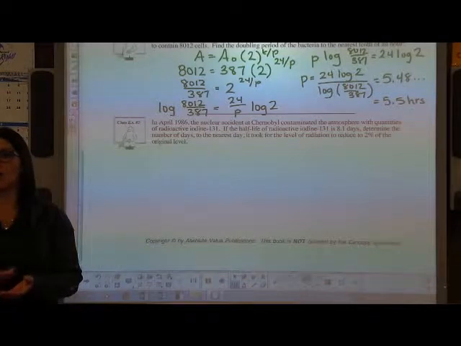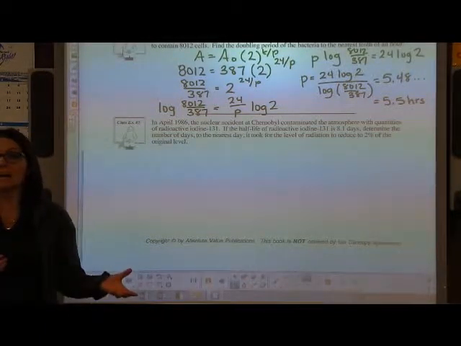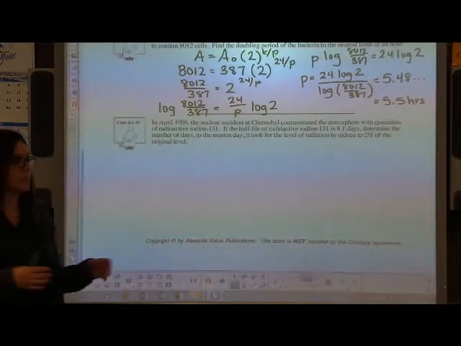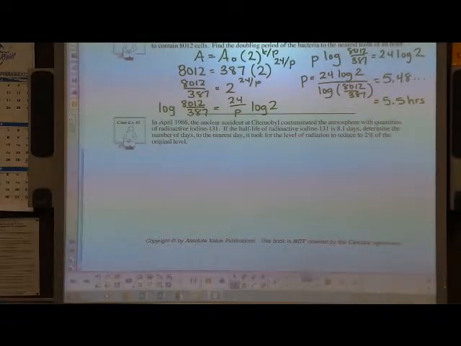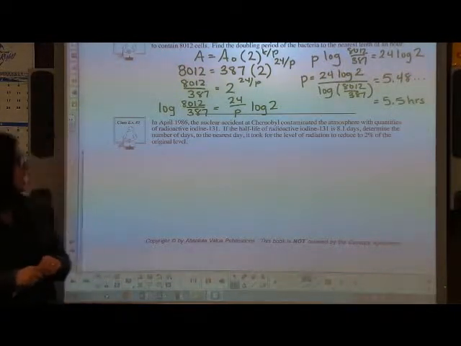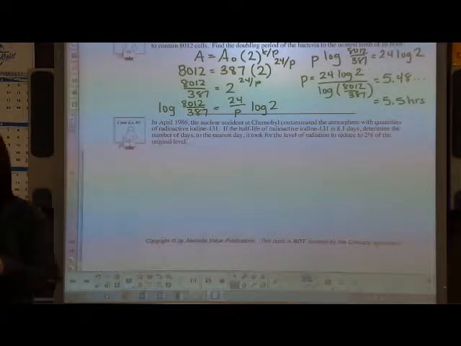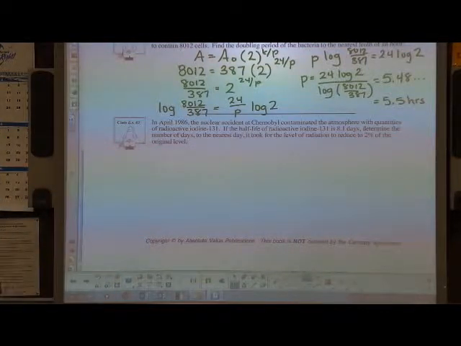It can cause cancer cells to multiply and to produce much faster than in normal circumstances. If the half-life of the radioactive iodine is 8.1 days, determine the number of days it took for the level of radiation to reduce to 2% of the original level.